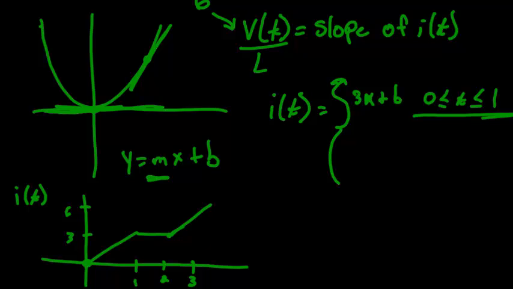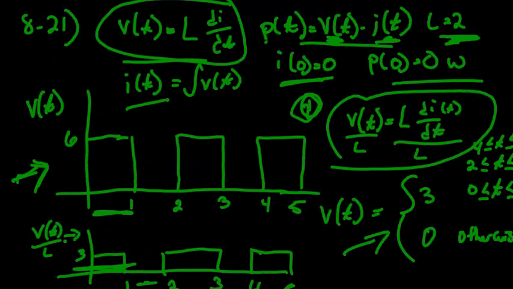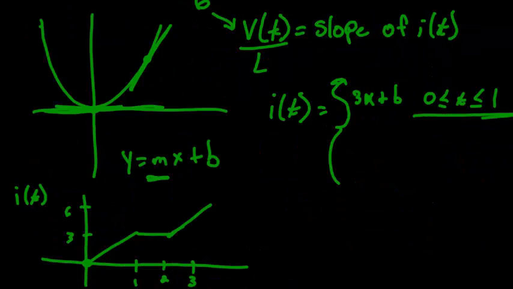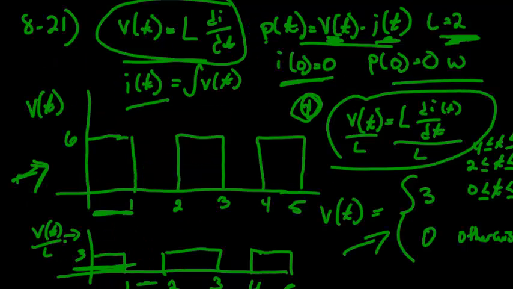You said our value at 2 is 3? Our value of i(t) at 2 is 3, based off of the slope being 0 in that time interval. Because the slope is 0 between 1 and 2, which makes 2 the starting point of the next time interval, where the slope is 3.